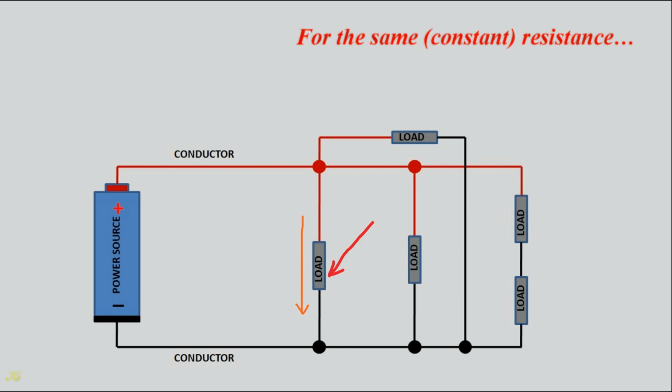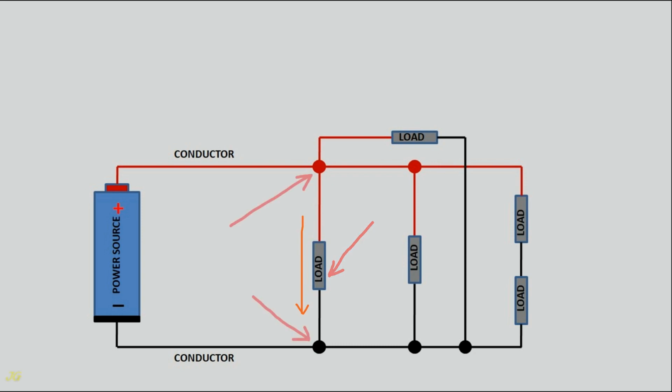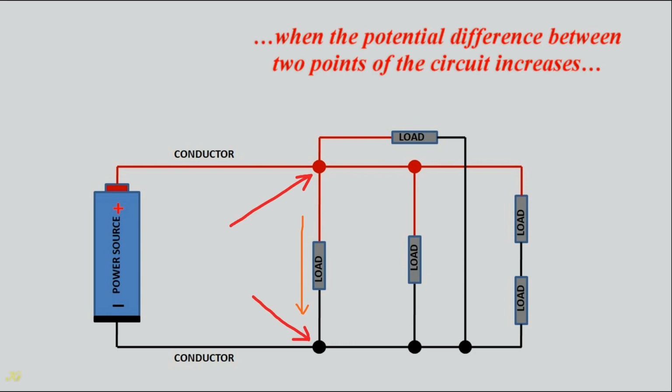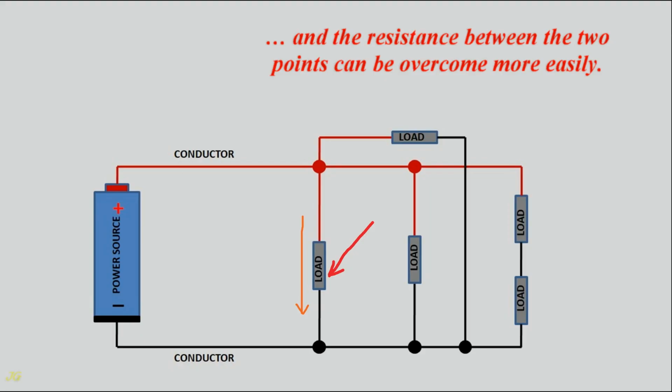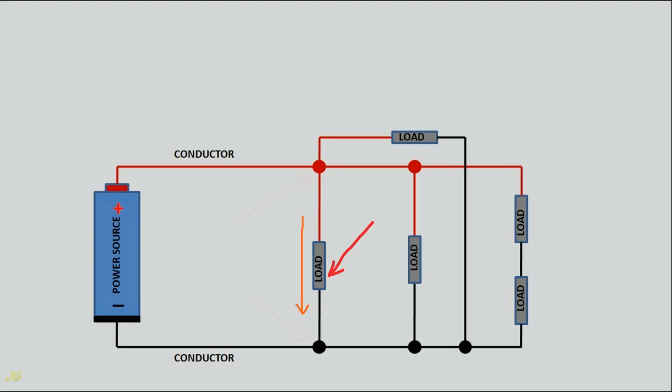For the same, constant resistance, when the potential difference between 2 points of the circuit increases, more current can flow because the higher potential pushes the current with greater force, and the resistance between the 2 points can be overcome more easily.